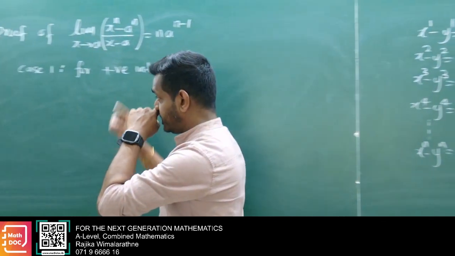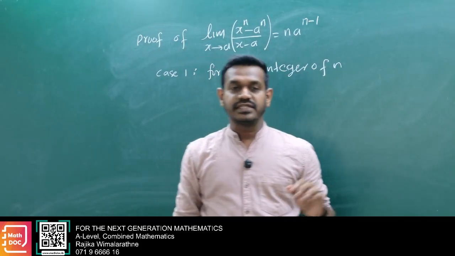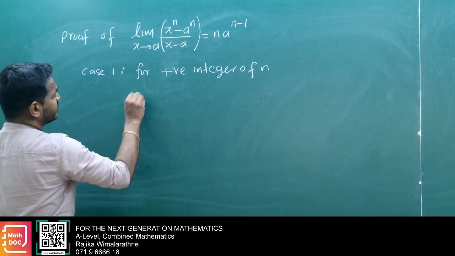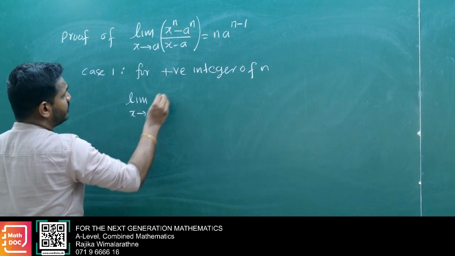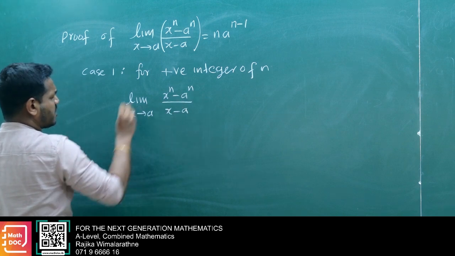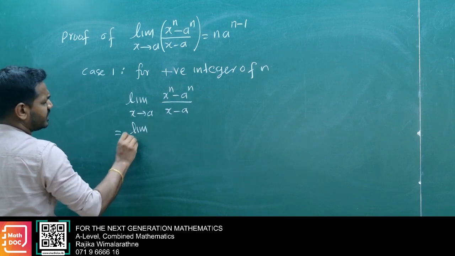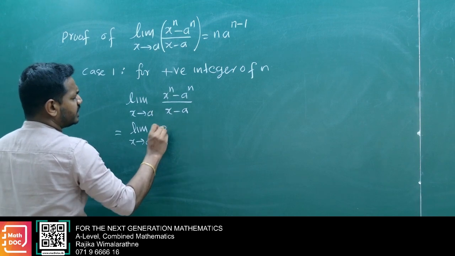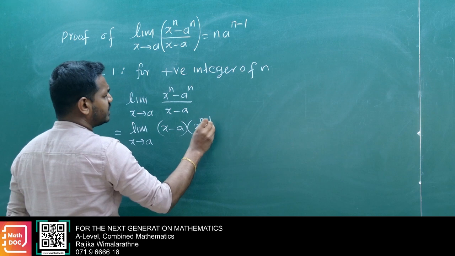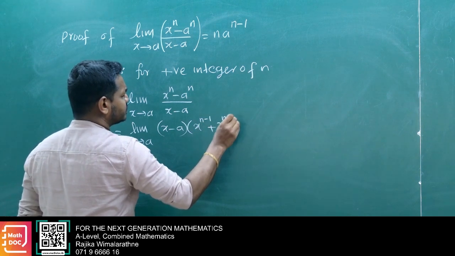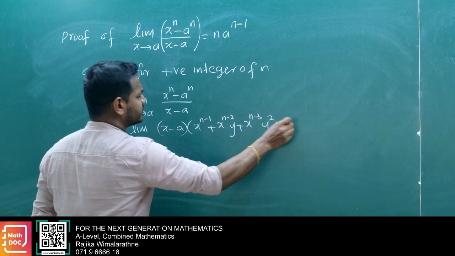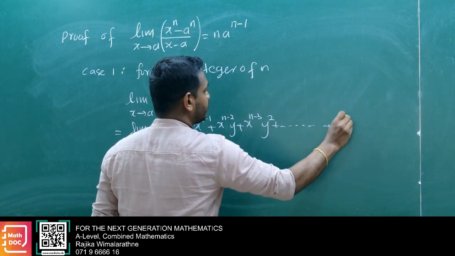Okay, now let's move to this one. Now for positive integers. See. Limit x goes to a, x to the power n minus a to the power n over x minus a. Limit x goes to a, here x minus a times x to the power n minus 1, x to the power n minus 2 y, x to the power n minus 3 y square, it goes like that, up to y to the power n minus 1.